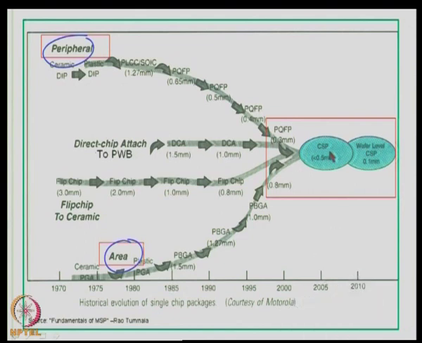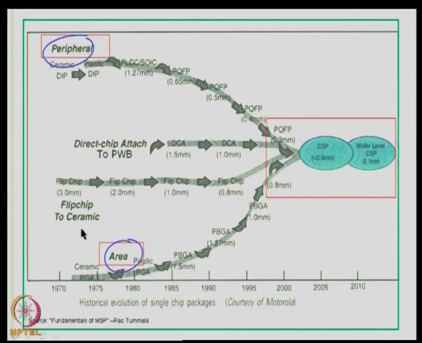And then what next? Then if you look at the other extremities, direct chip attached to printed wiring board. Typically you can call it a flip chip or a chip on board technology, which I have briefly mentioned in the earlier class. So, DCA, direct chip attached, with a pitch of 1.5 mm, 1 mm, and now what next?